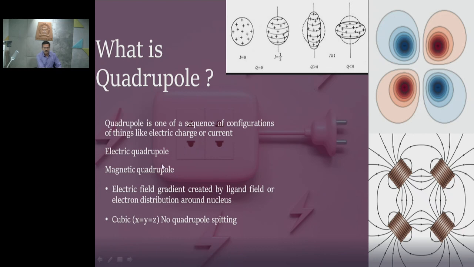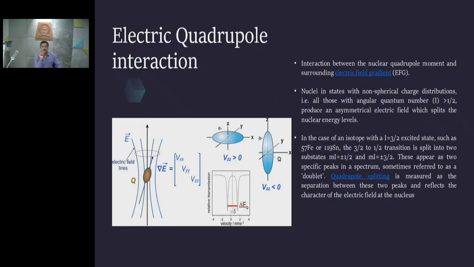So that way electrical quadrupole and magnetic quadrupole can create an electrical field gradient, and that electric field gradient mainly depends on the environment present around that nucleus. So how can that play a major role? There is an interaction between the nuclear quadrupole moment. The nucleus has its own quadrupole moment, which is surrounded by the electrical field gradient.